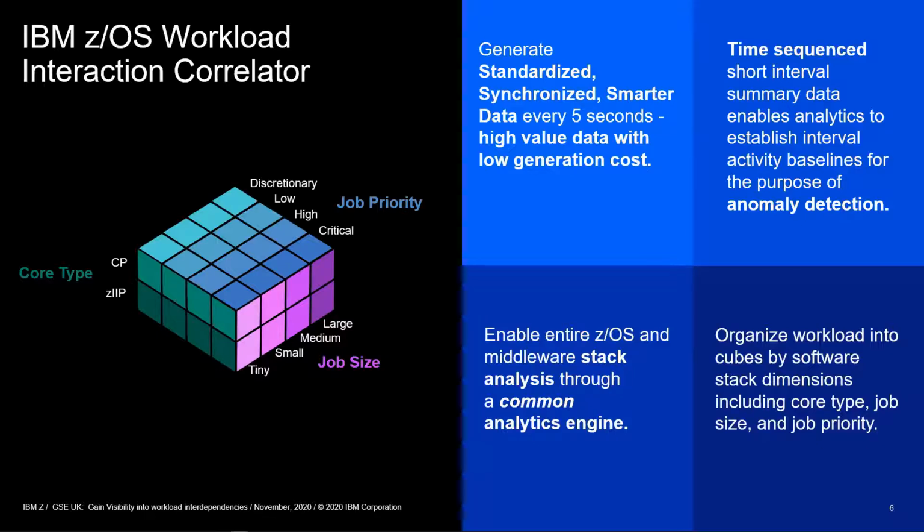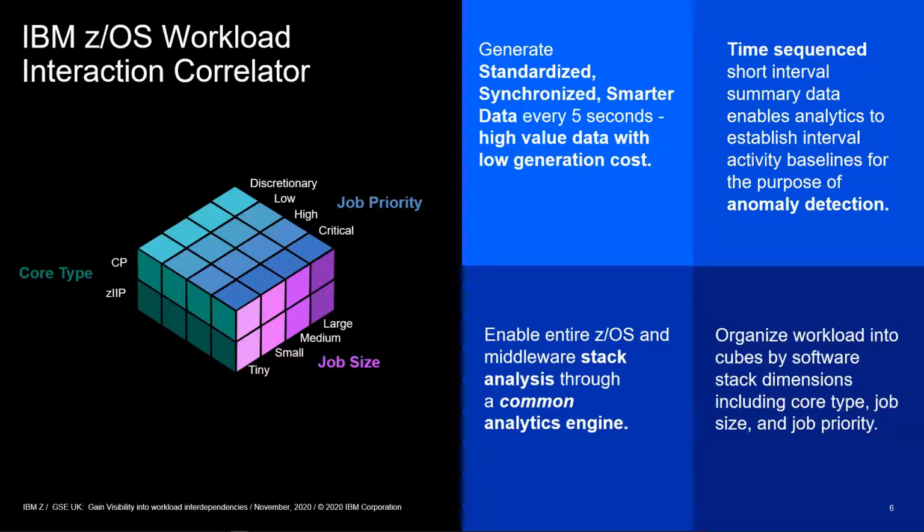The workload dimensions that all of that data is standardized around are core type, that is, whether the workload component is running on the core processors or on zIIPs. What job size is this related to? The ranges go from tiny up through large, as well as job priority. Are they discretionary jobs that are running, or are these critical jobs within our workload?